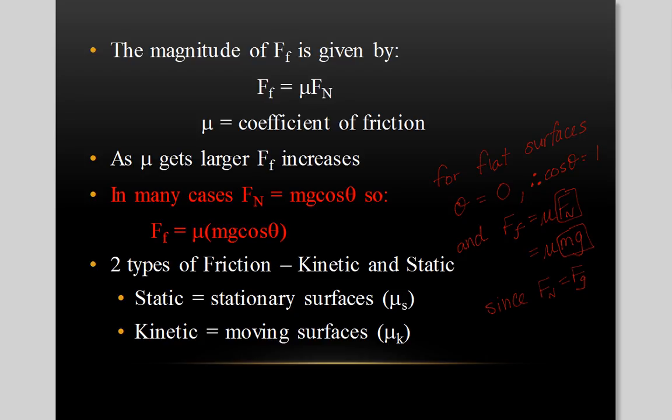So as you're waiting for people to take down the notes, have a look at those last bullets. There's basically two types of the mu value. There's the static mu and the kinetic mu, which you should have discovered through the process of the lab. When you were pulling the spring scale, and then once the object started moving, what did you notice the spring scale did?